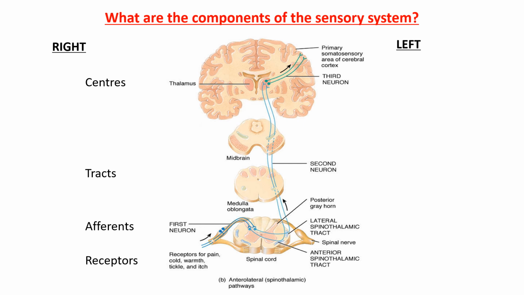All right, and it goes right up to the thalamus. From the thalamus, of course, you have the third order neurons, and these neurons transmit information right to the primary somatosensory area of the cerebral cortex. So this is approximately what the sensory system is and the components of the sensory system. And we'll talk about these in the next lecture as well.